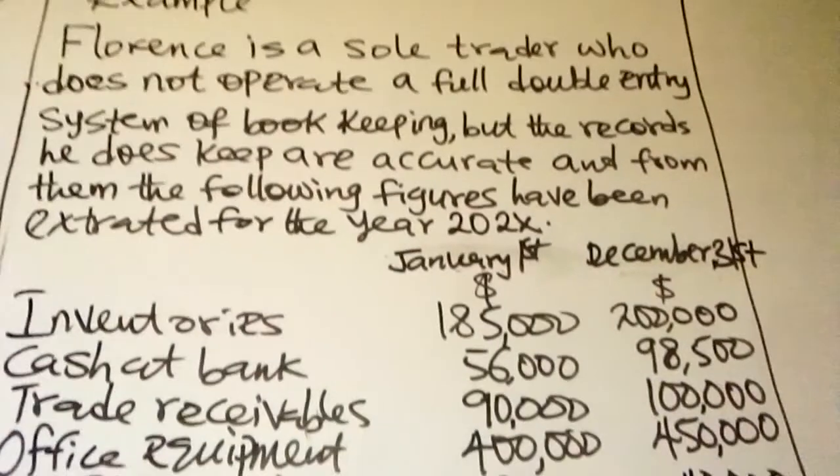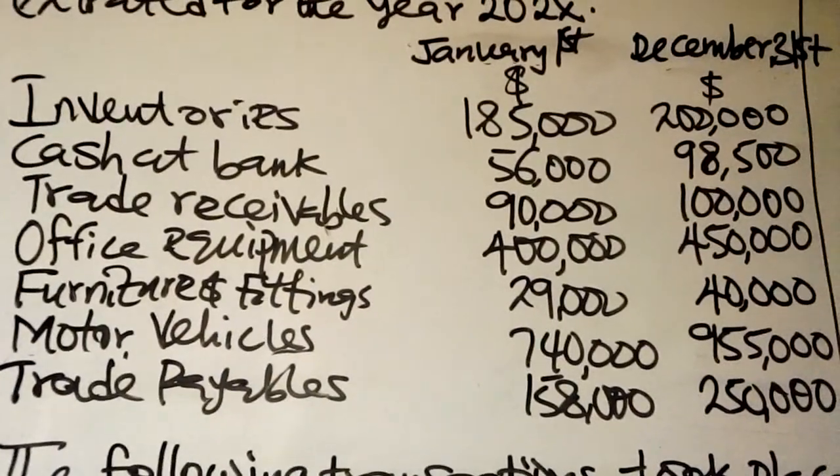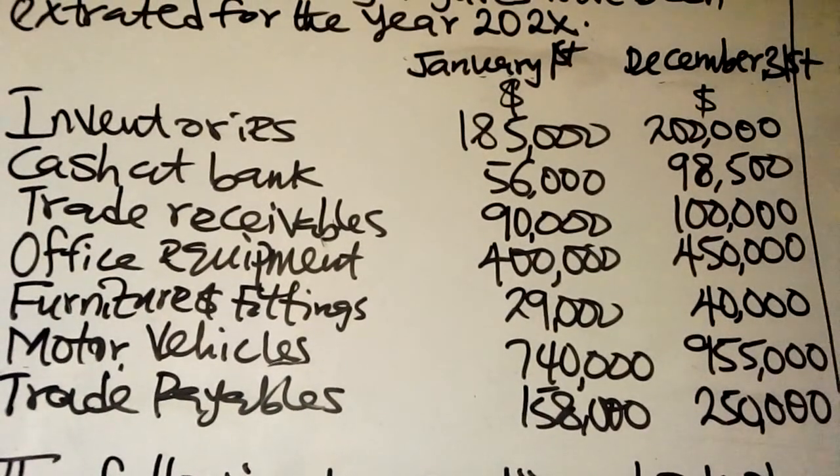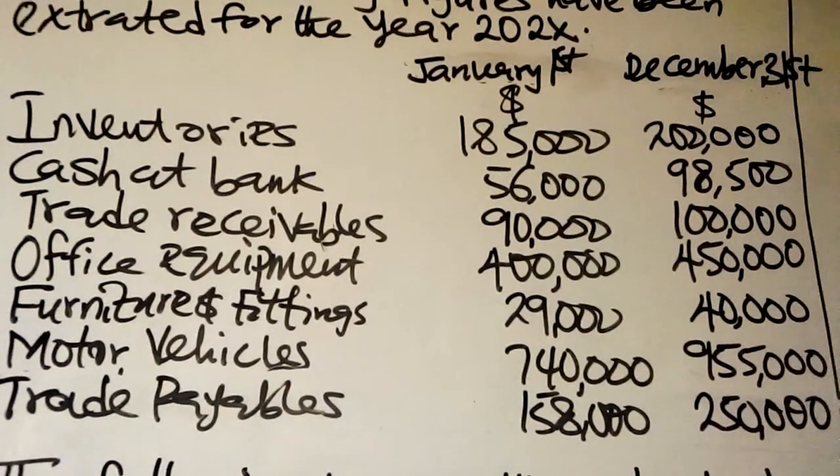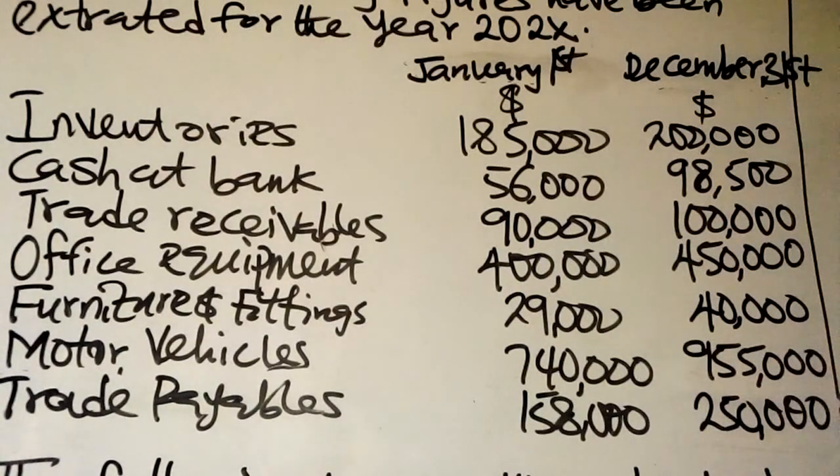The first item is inventories. The one as at January is 185,000, and the inventory as at December 31st is 200,000.